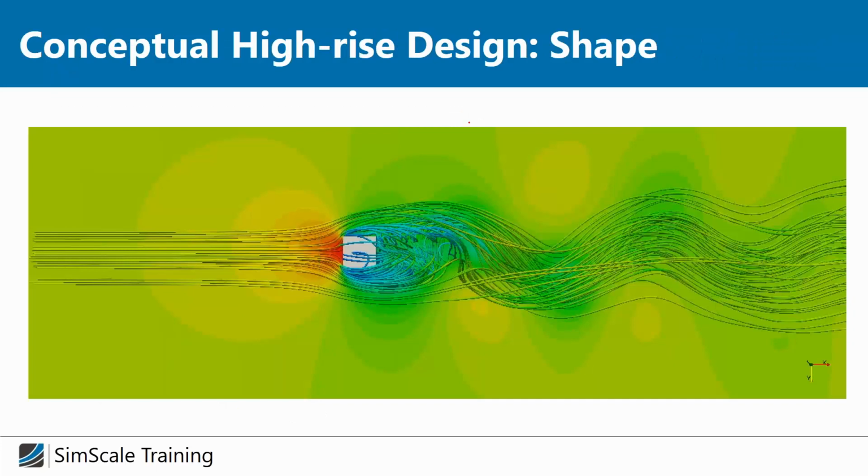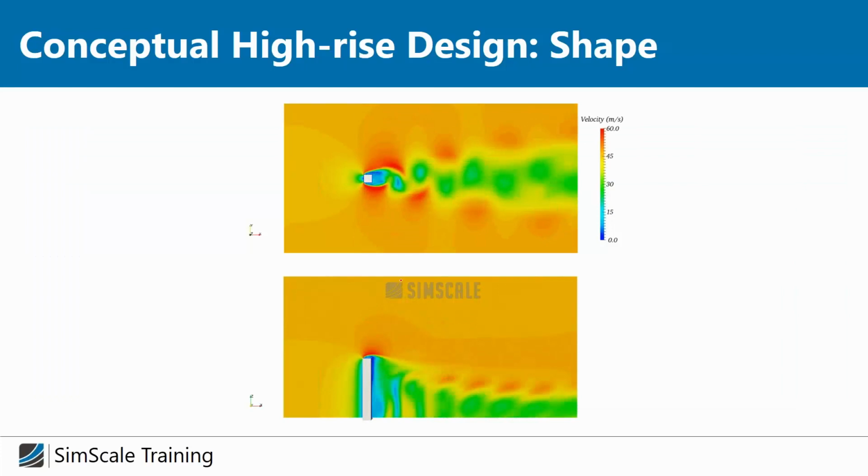And in our case, if we do some more post-processing, this is how the result looks for the initial design, the initial shape, and you can really see these complex flow structures here, and also how they are induced, because they are generated by this wake region behind the building.